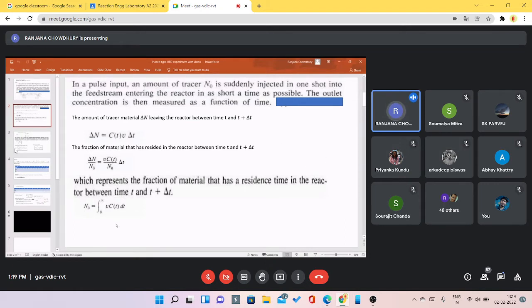So the fraction of the material which has resided between time t and t plus delta t is delta n divided by n0.